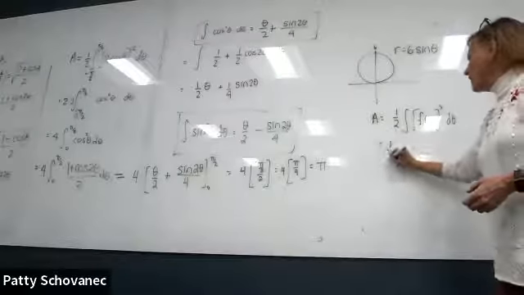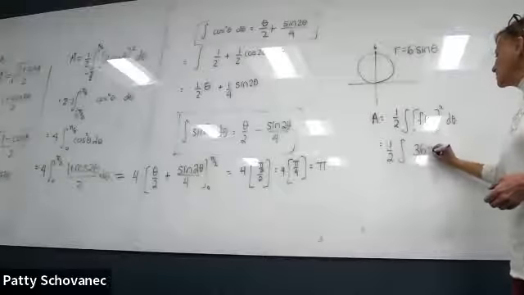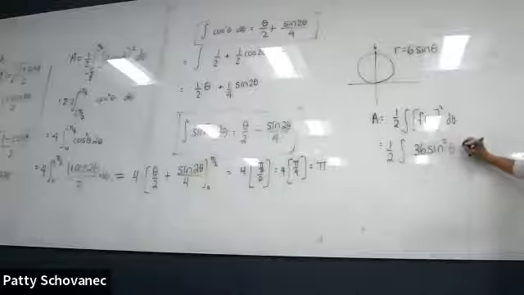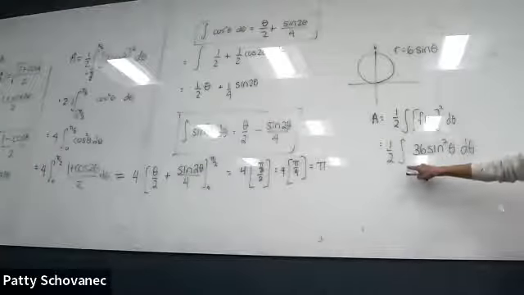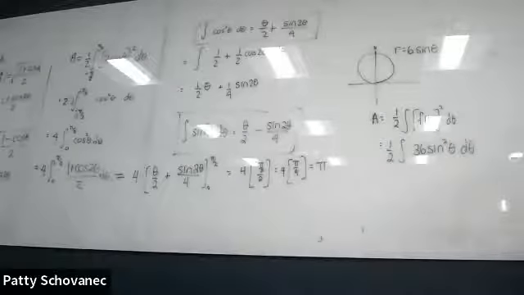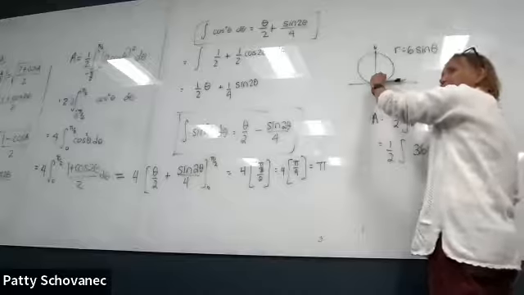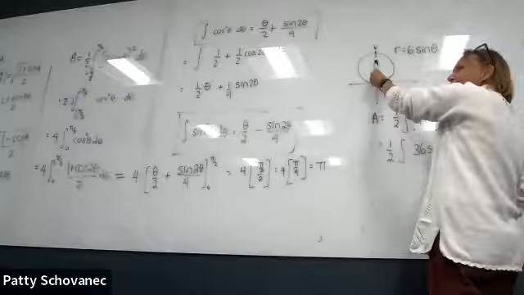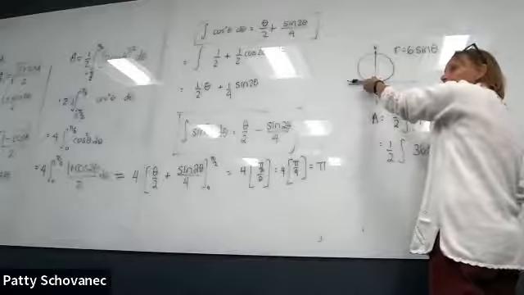So I would have a 1/2 integral, put that in there, and get 36 sine squared theta d theta. And look at the picture and tell me what angles generate that picture. There's a hint, that's theta 0. That's pi halves. That's pi. Whole picture's done. I can integrate from 0 to pi.